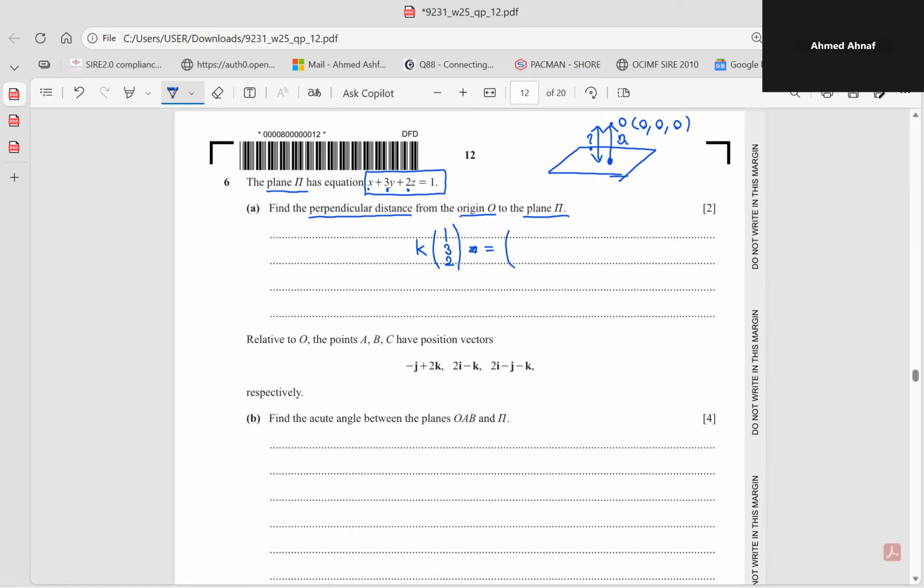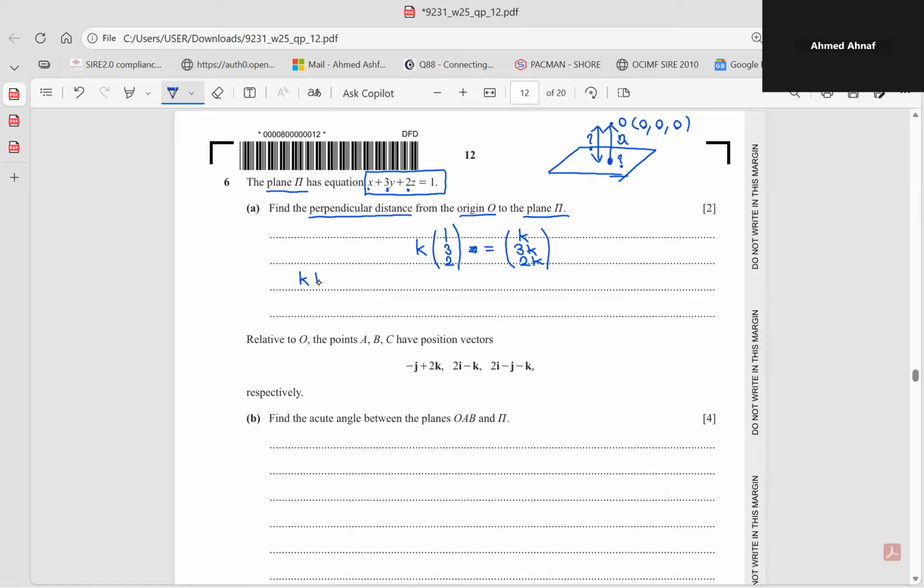Or we just want to find the equation of this line. Okay, there's k, 3k, 2k. So substituting this into the plane equation, since we want to find the foot of the perpendicular, which exists both on this line as well as the plane.